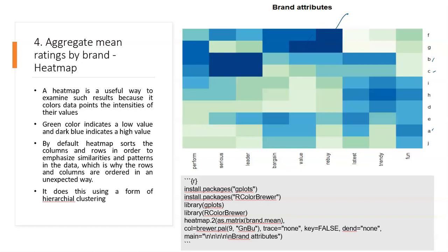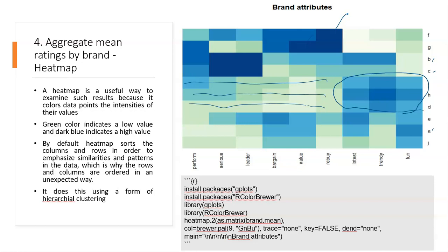We can see I, H, D are brands which are ranking low on performance to rebuy. All these parameters are ranking low, because the green color indicates a low value, and the mean is low for these brands. But these three brands have high intensity, high color, that is high mean, and are seen as brands latest, trendy, and fun.